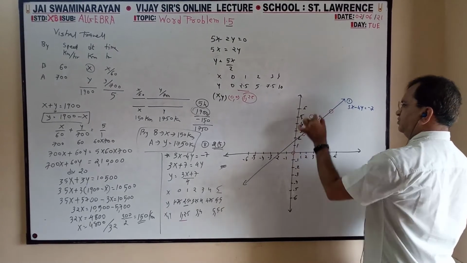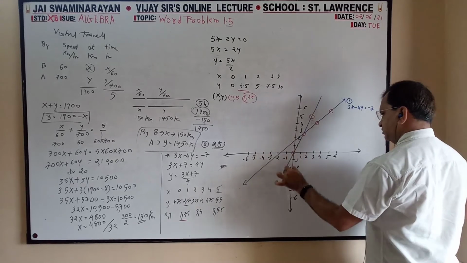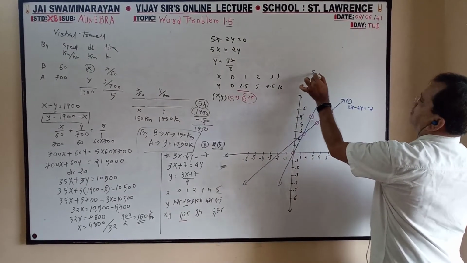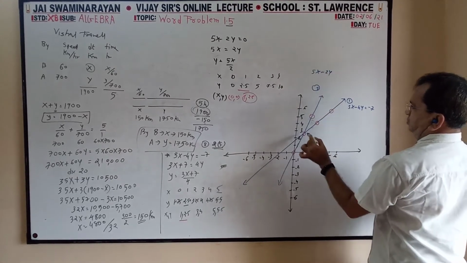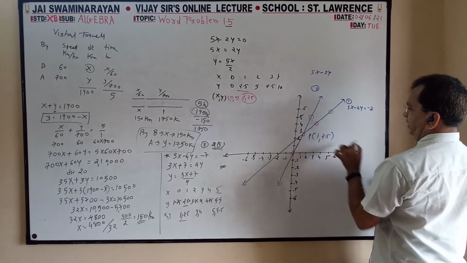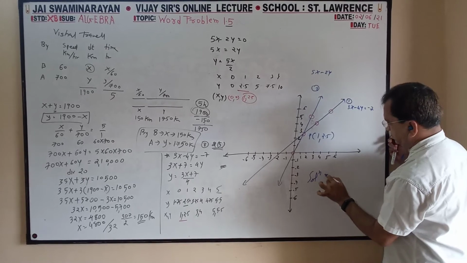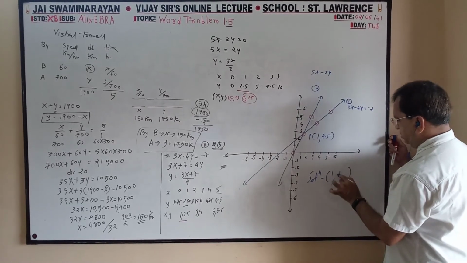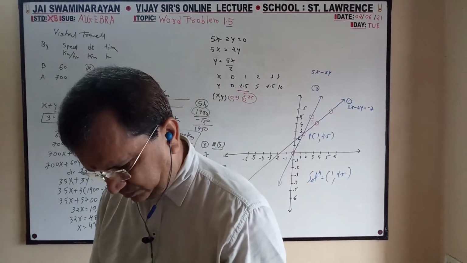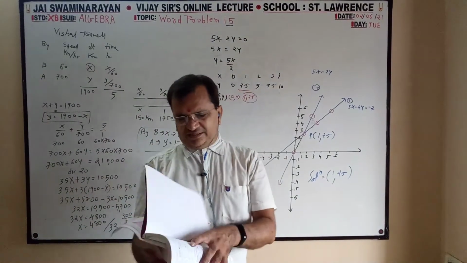Line number 2 is 5x minus 2y. So this is the point of intersection: 1, 2.5. So the solution is 1, 2.5 by the graphical method. Follow like this.